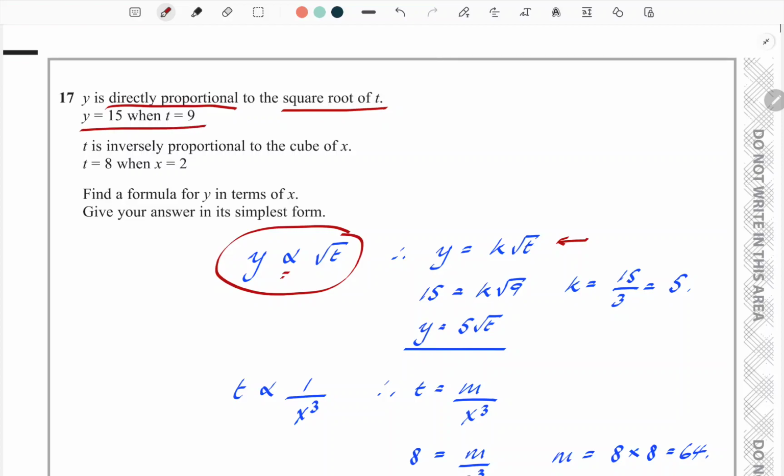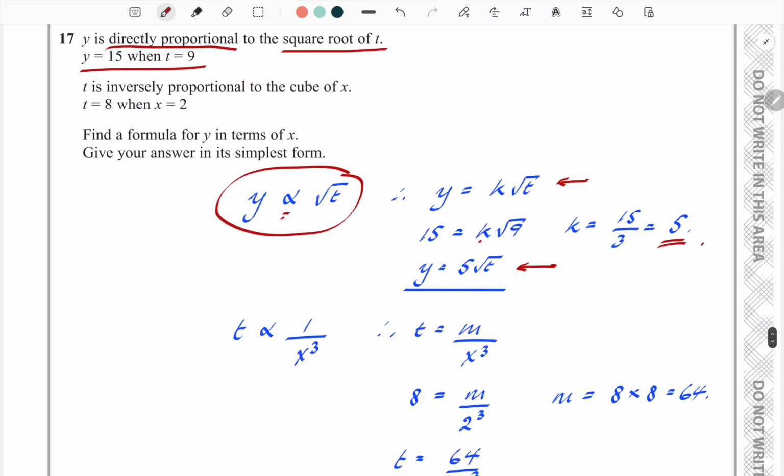Y equals 15 when t equals 9. So substitute those in. 15 equals k times square root of 9, and square root of 9 we know is 3. So 15 divided by 3 must be k. So k equals 5. That gives us an equation for y in terms of t. So y equals 5 times root t.